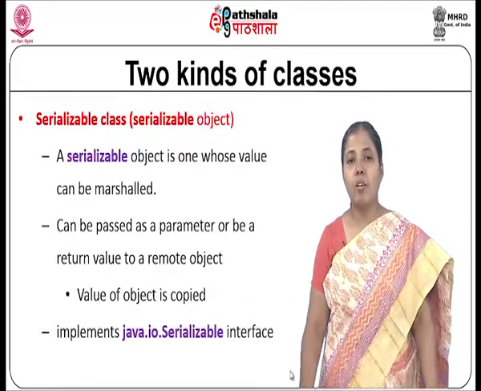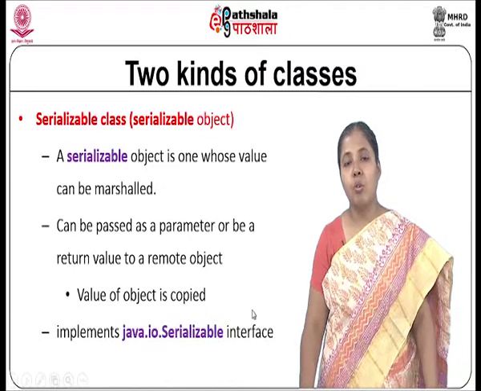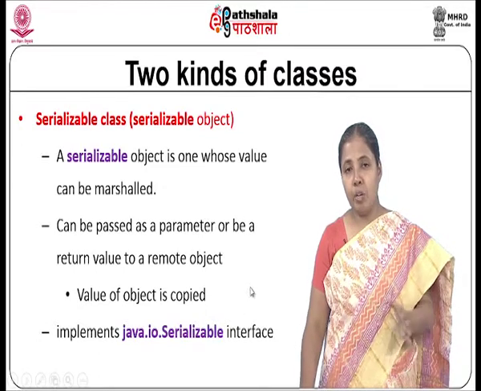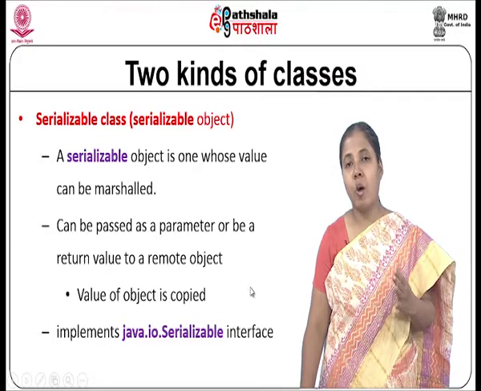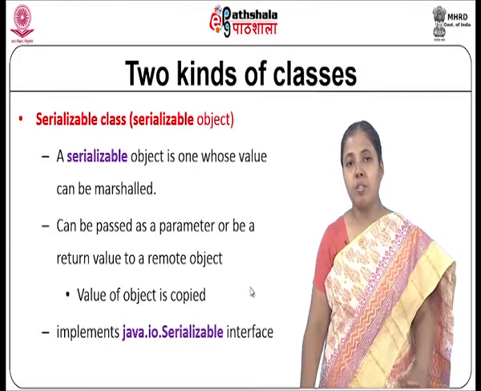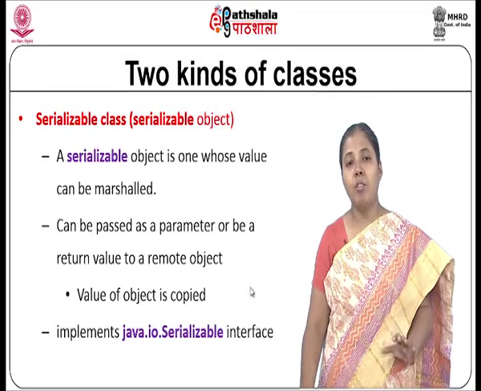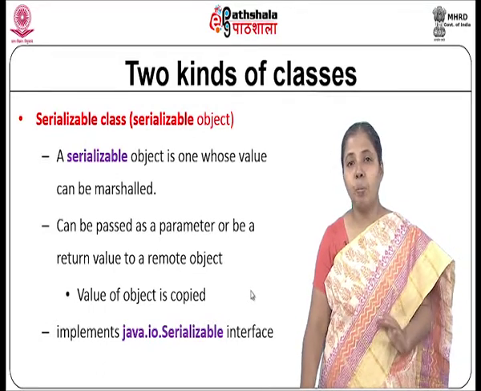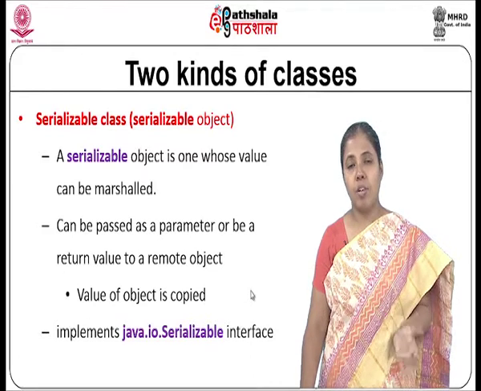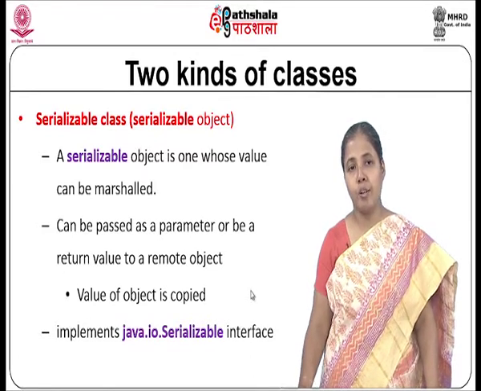There is another class called Serializable. Serializable is actually an interface, and the class which implements the Serializable interface becomes a serializable class. A serializable object is one whose value can be marshalled, that is, sent as byte streams from one end to the other end.